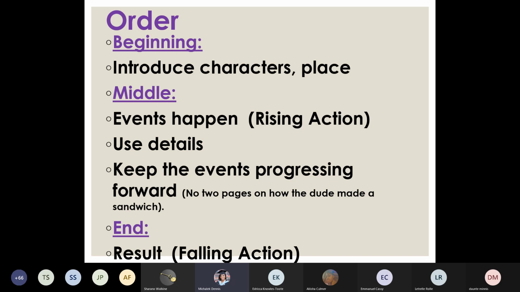Now, what do we find in the beginning? We find characters. We are introduced to characters, and we are also introduced to the place. So, when you are writing your own personal narrative, you want to start off with what we would call what? According to a plot diagram or plot development, what would this part be called?